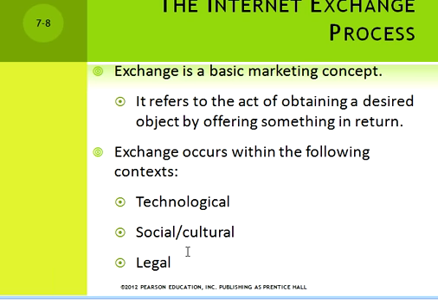All of these are happening within the online exchange process. So depending on the individual characteristics and the resources available to the individual, we see the exchange process and we see the outcomes.